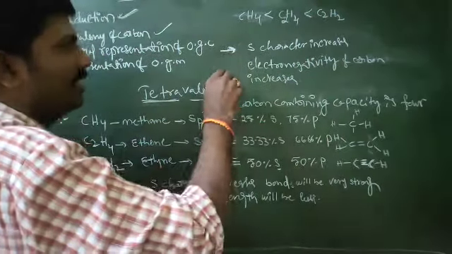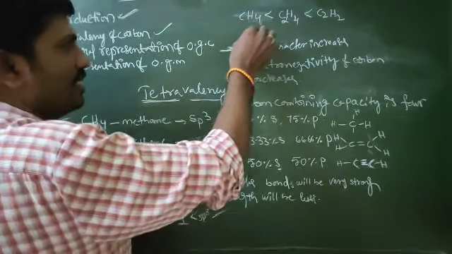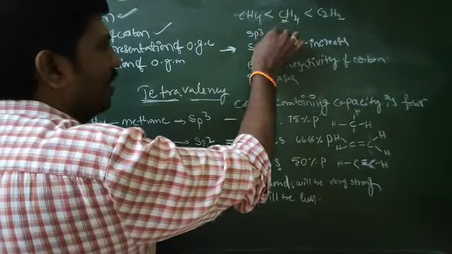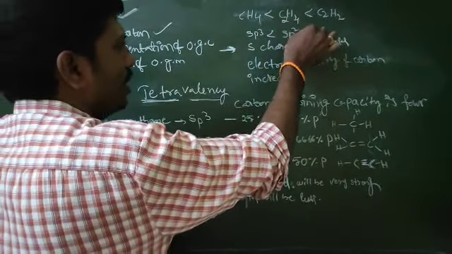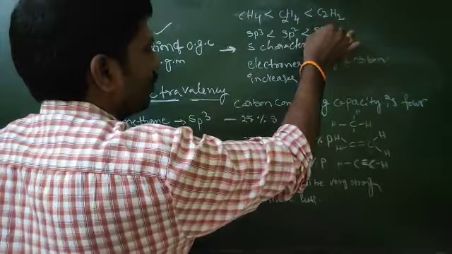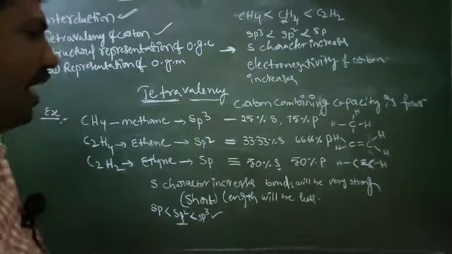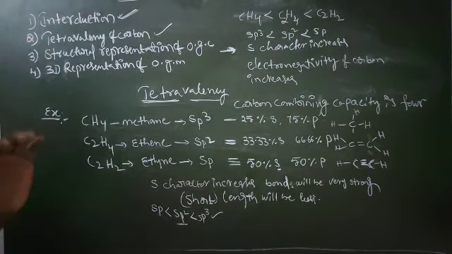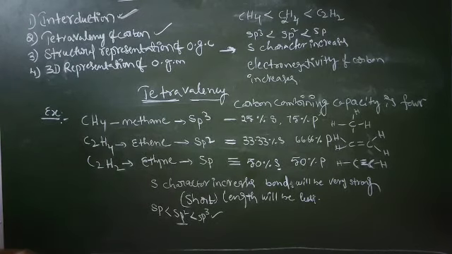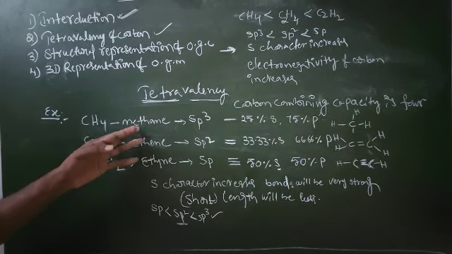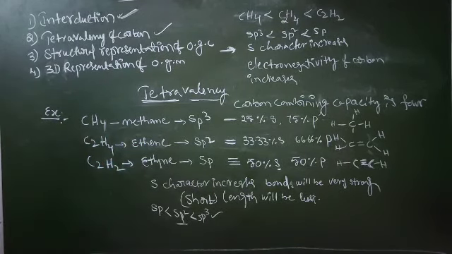So the electronegativity order is this one. This is sp3, this is sp2, and this is sp. So this is the hybridization in the molecules of ethane, ethene and methane. Tetravalency means four bonds for carbon. This is fully about the tetravalency of carbon.